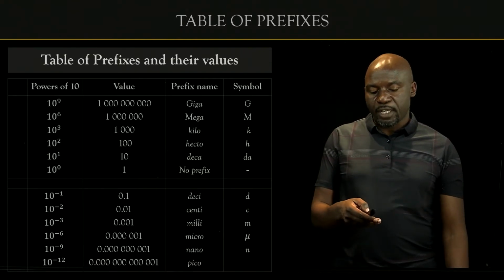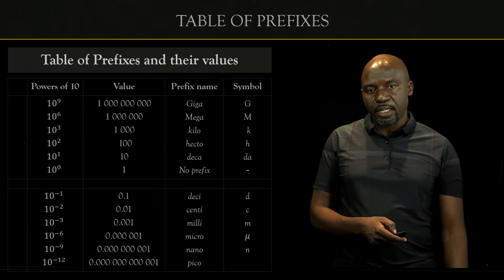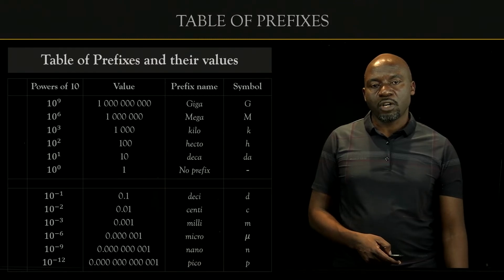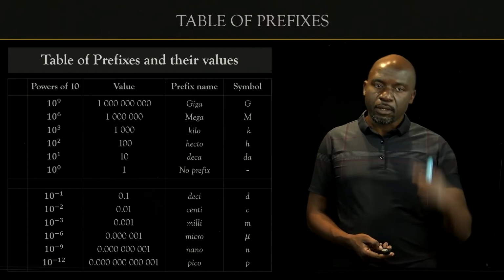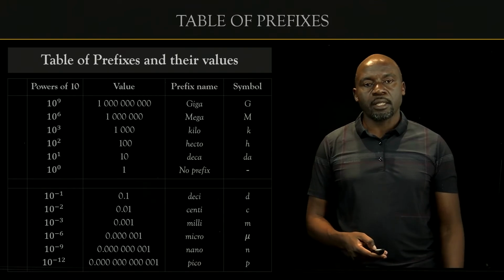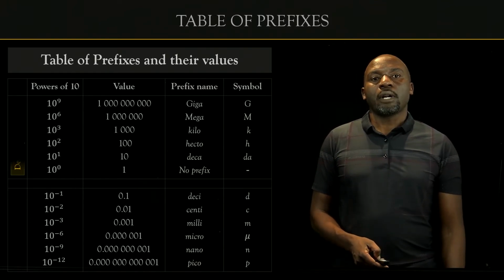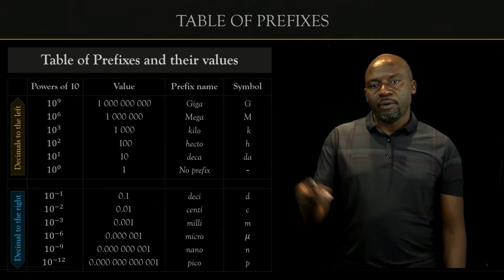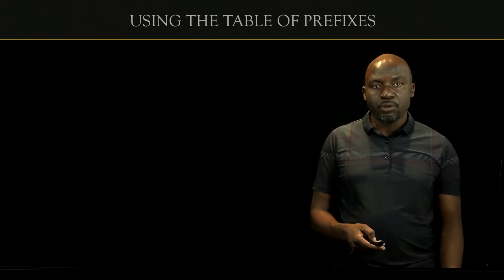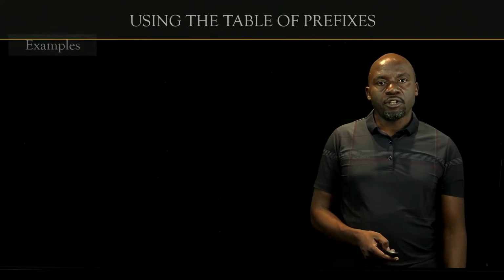And then we have 10 to the power of negative 18, which is atto, but we will leave these ones out, so we stop at pico. If you're a physics student, later in DP2, we talk a lot about pico, especially when we discuss capacitors and the charge they store. All right, we will ignore that until we get to calculation, but let's look at the use of the table in determination of prefixes.